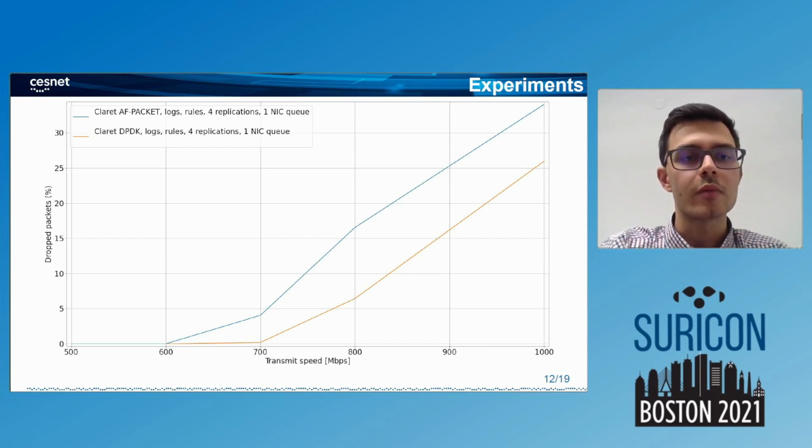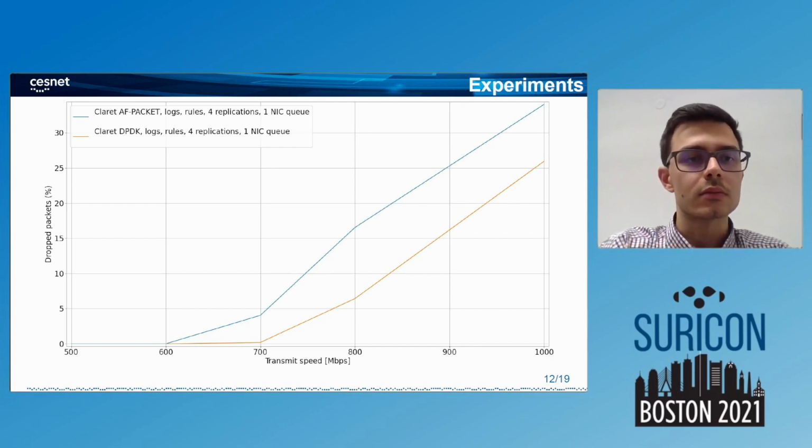Here, the AF packet reaches a speed of about 600 megabits per second, and after that it starts to lose some packets, while DPDK is able to receive up to 700 megabits per second, which is about a 16% increase in performance.